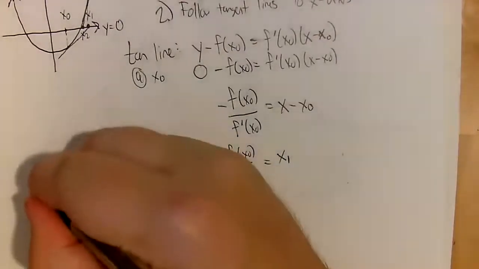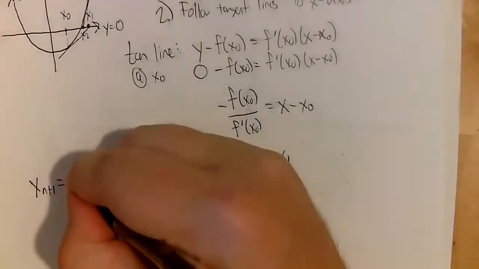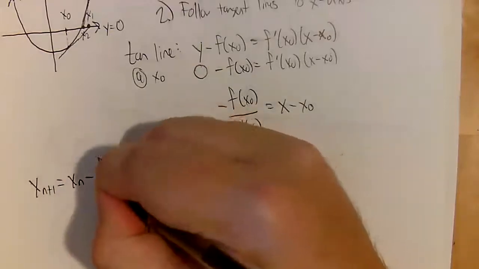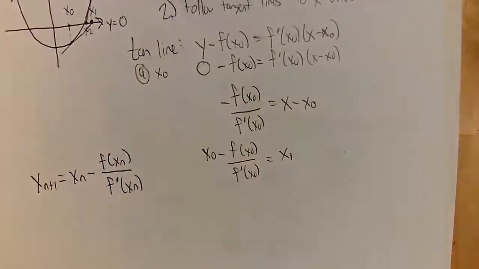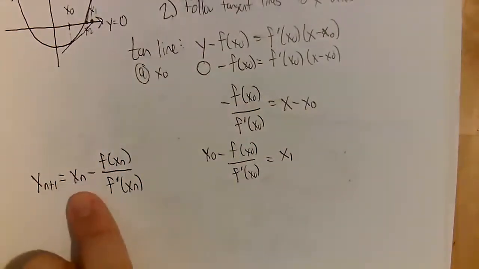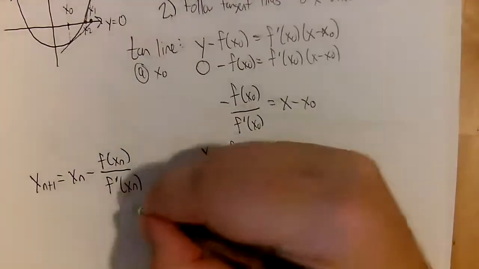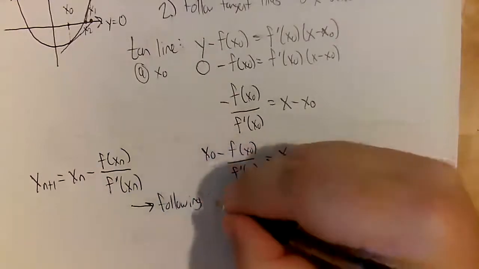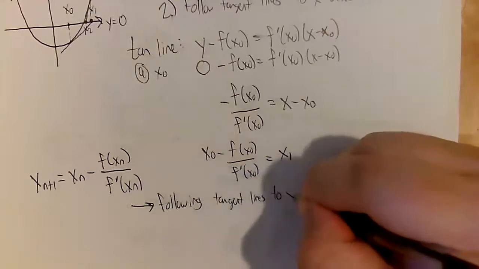So in general, if I want to get to the next approximation, I would use the previous approximation, and then I would subtract the function value divided by the derivative value. So this is how I always get to the next approximation. The formula will be the same every single time. And remember, the idea of what we're doing here is we're following the tangent lines to the x-axis.